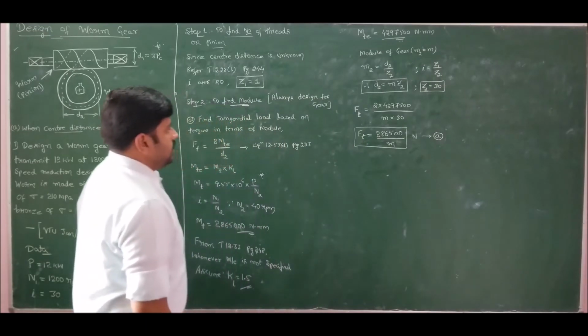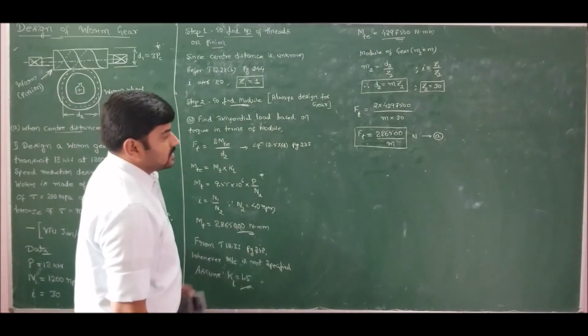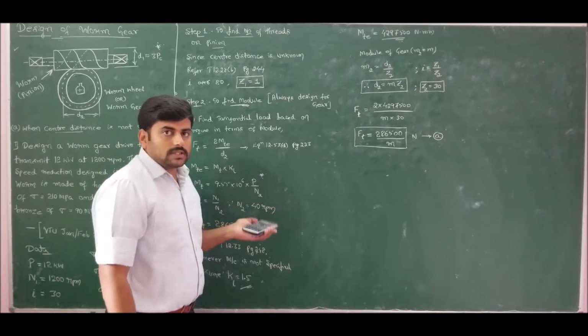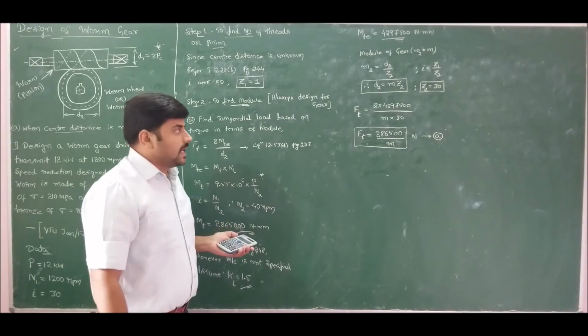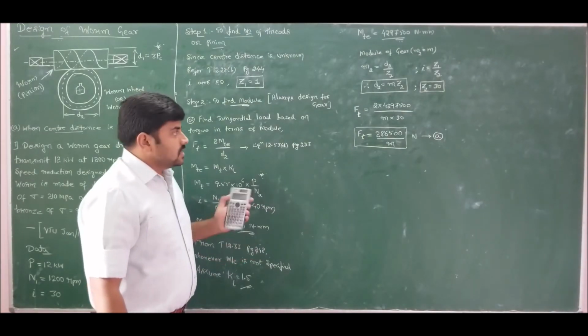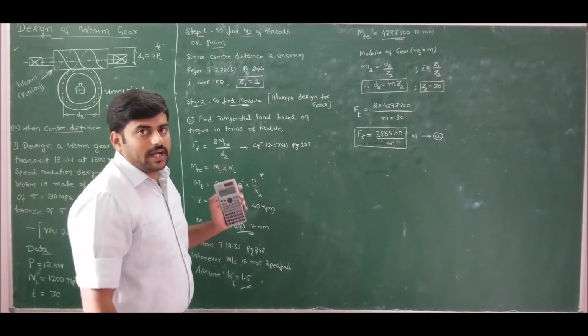Now similarly you find the tangential load in terms of module and CV, because CV depends on velocity, and velocity depends on pitch circle diameter. Since pitch circle diameter is not known, I cannot calculate the coefficient of velocity. So calculate Ft using the Lewis equation in terms of CV and module.